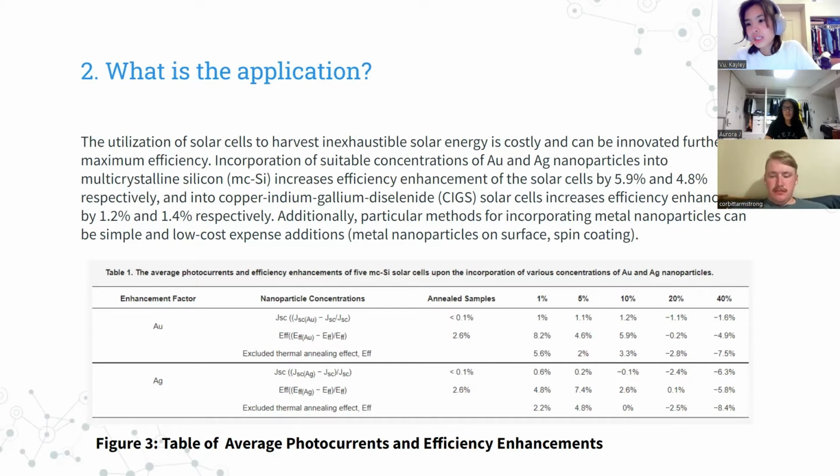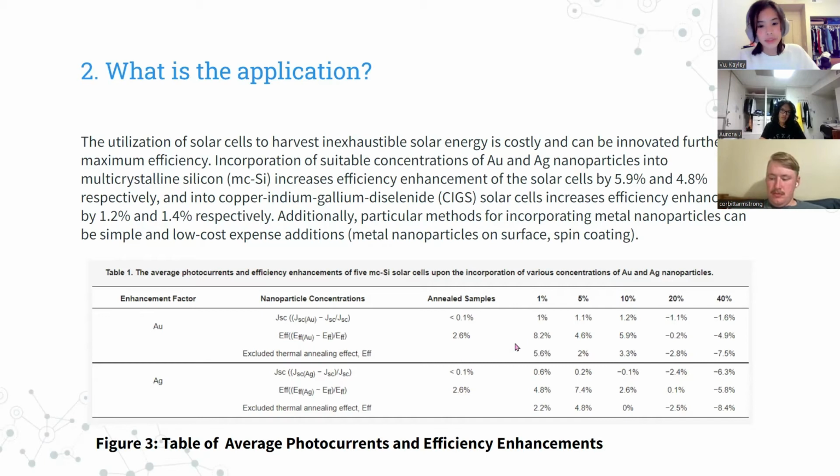So there are actually other known methods for increasing the solar cell efficiency, and this includes the mentioned spin coating, but other methods include e-beam lithography, thermal evaporation and annealing, chemical bath deposition, and nano imprinting, etc. We are focusing on spin coating because it is a simple and low-cost method.